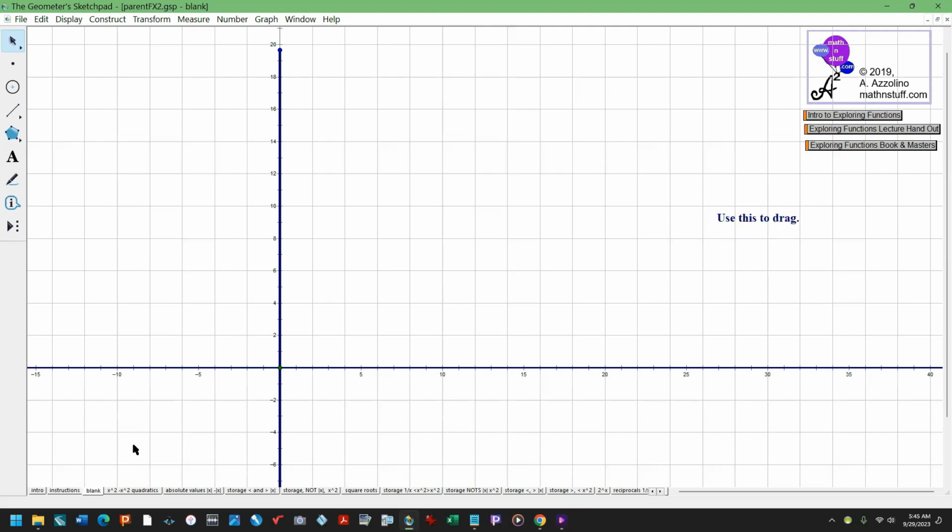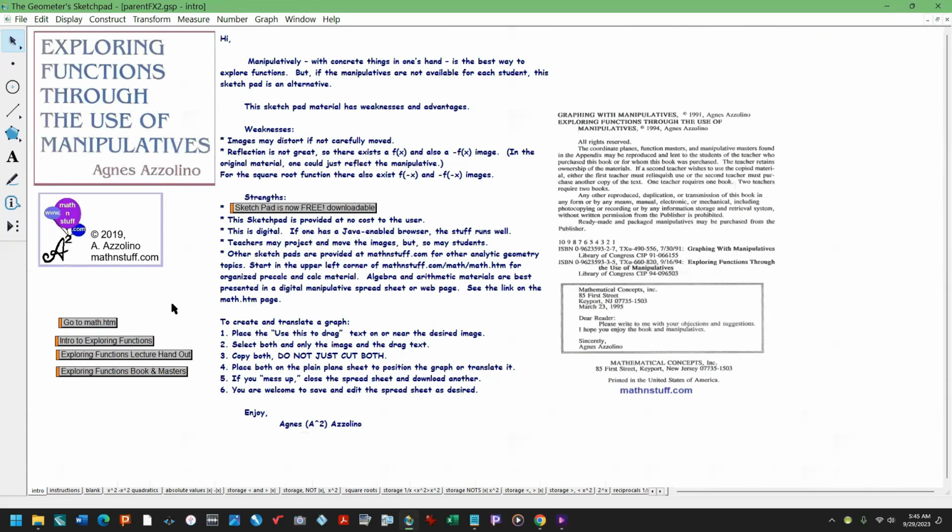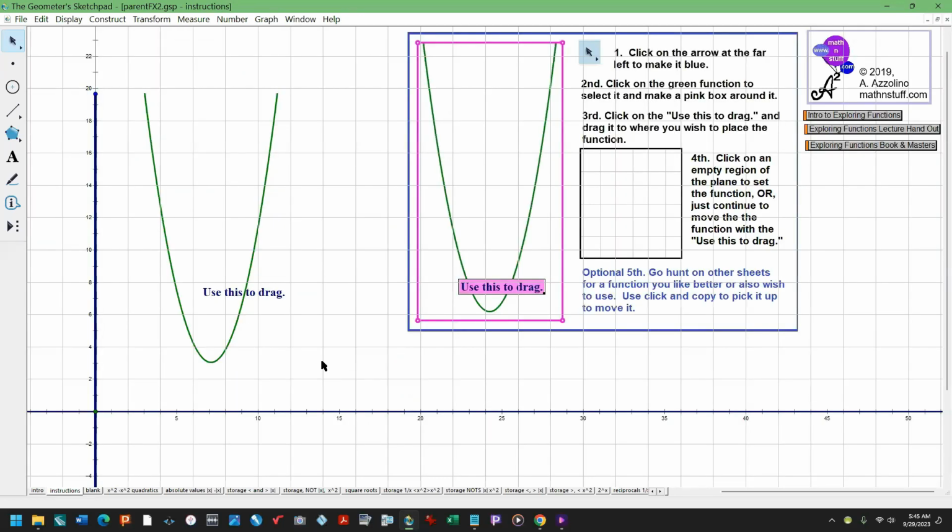So, intro tells you all about the original book. Instructions. Here's the instructions. Click on the arrow at the far left to make it blue. Right over here. That's how you select.